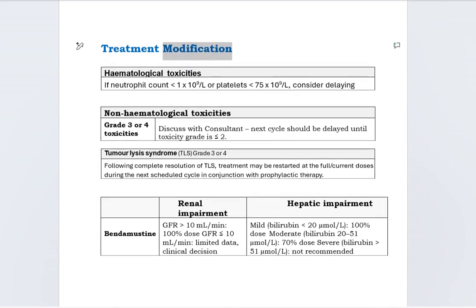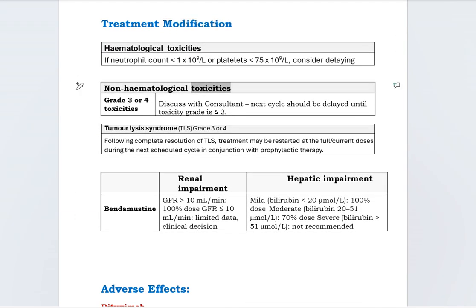Treatment modification. Non-hematological toxicities, grade 3 or 4: discuss with consultant. The next cycle should be delayed until toxicity grade is less than or equal to 2. Renal impairment and hepatic impairment, bendamustine. GFR greater than 10 milliliters per minute: 100% dose.